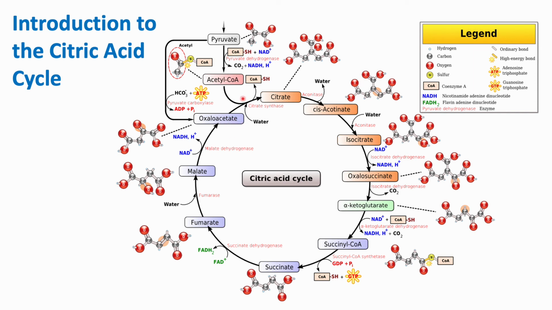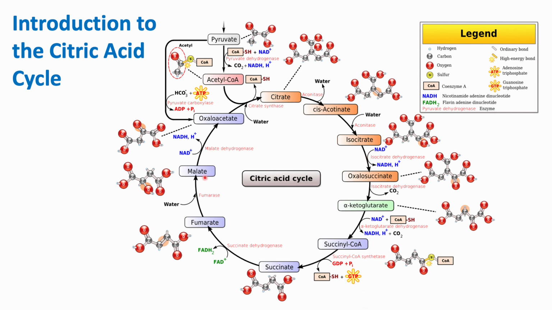Whatever we used, we created it again in the end. And in the process, we produced 3 NADH molecules via the dehydrogenase enzymes. We lost 2 carbons via carbon dioxide. We produced 1 FADH2 through a dehydrogenase enzyme. And we also produced 1 GTP molecule.